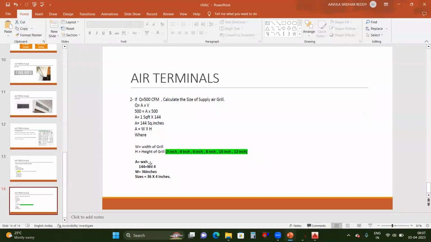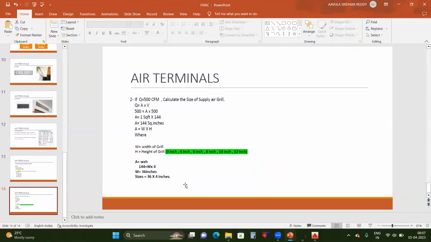W I will keep as it is. H, I will assume some value. Here we have some standard values: 3 inch, 4 inch, 6 inch, 8, 10 and 12 inches. So I have written 4 inch. So that will be 144 divided by 4, that will become 36 inches. So finally the size of the diffuser is 36 by 4 inches.